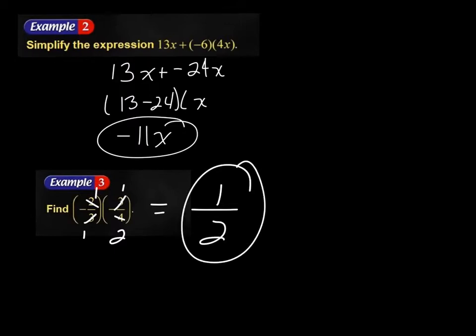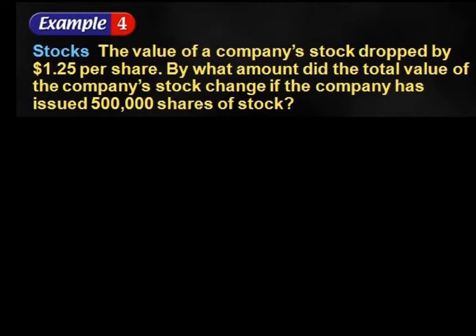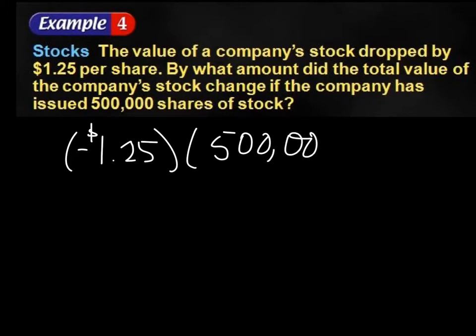The value of a company's stock dropped by $1.25 per share. By what amount did the total value of the company's stock change if the company has issued 500,000 shares of stock? So dropping, that's going to be negative $1.25, and there are 500,000 of them.